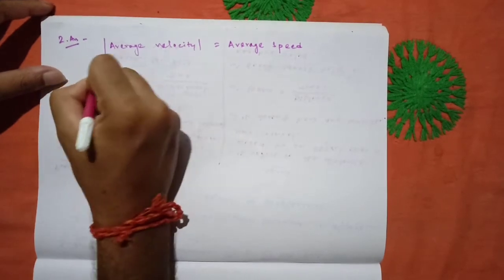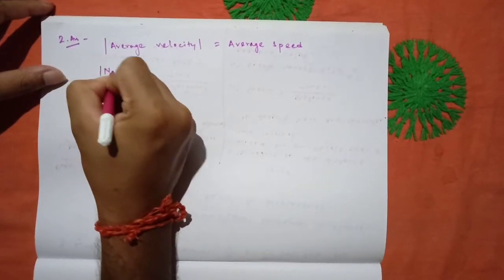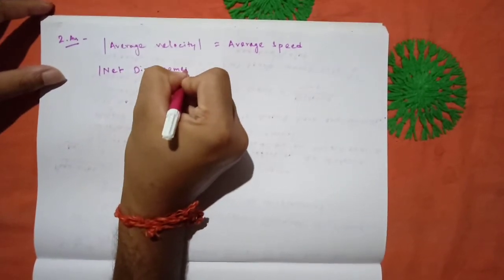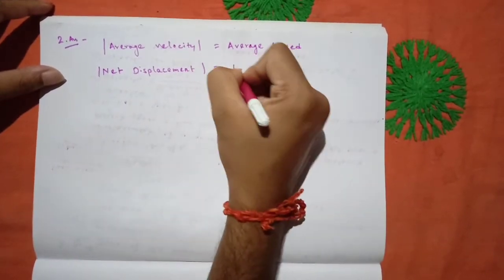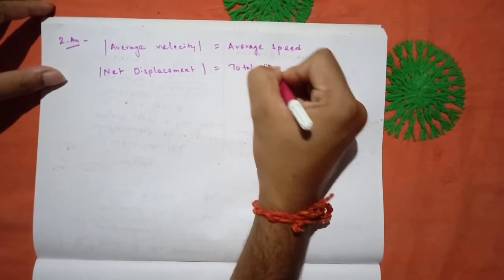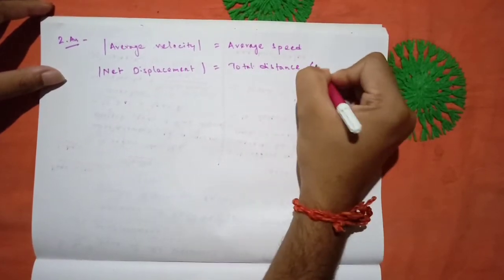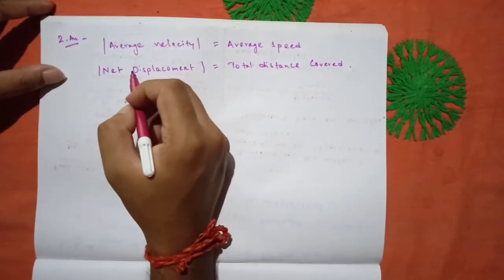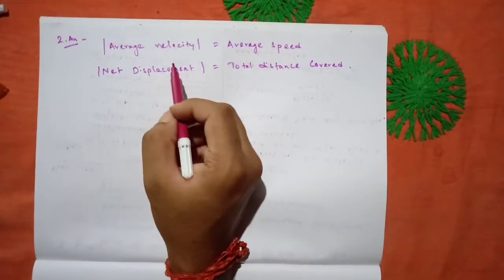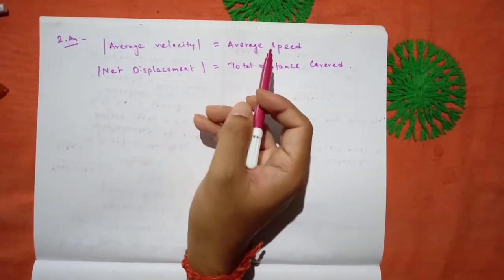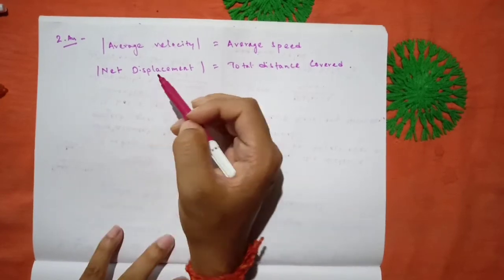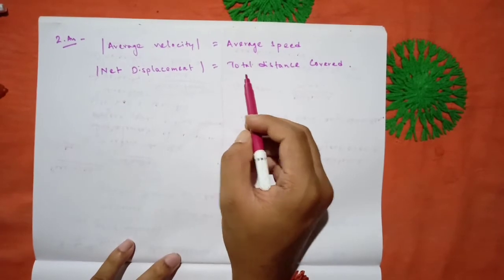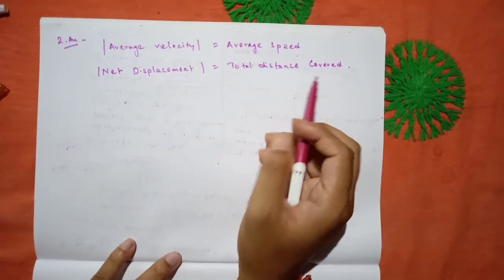Okay, then the magnitude of net displacement will be equal to the total distance covered. So this will happen under a condition when the magnitude of net displacement will be equal to the total distance covered.